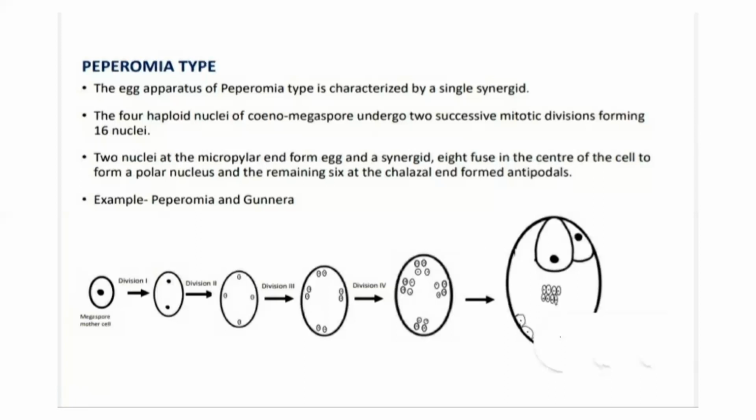The 2 nuclei at the micropylar end become cellular and form the egg apparatus, which consists of 1 egg cell and 1 synergid. The 6 nuclei at the chalazal end become cellular and form 6 antipodal cells. The remaining 8 nuclei fuse to form the secondary nucleus at the center of the embryo sac.